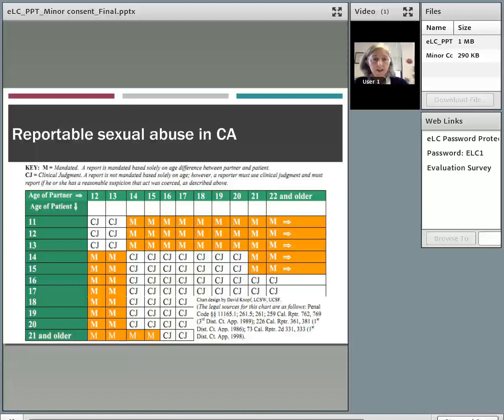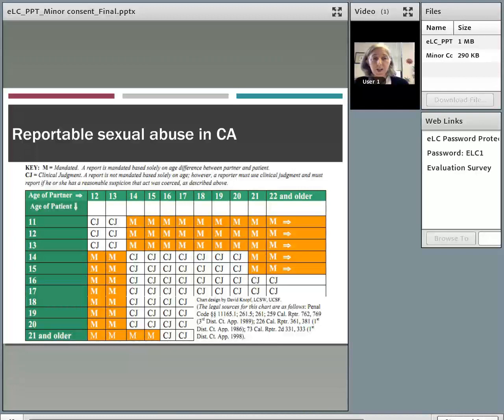We've made it available in the files section here, but this is an attempt to capture the disparate age reporting obligations. The orange boxes are the situations in which you would be required to make a child abuse report based on the age of your patient and their partner, and based on age alone, whether or not they say that this is consensual activity.